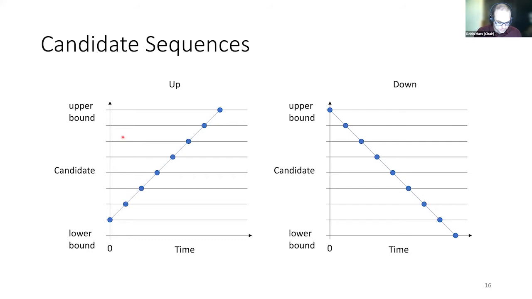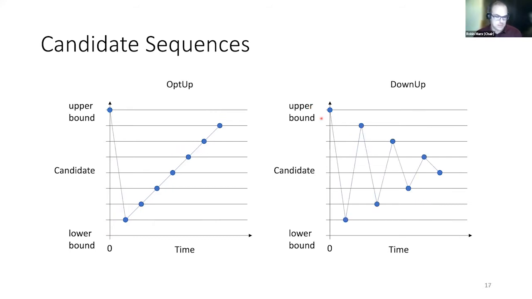The first candidate sequence is the upward sequence, which uses a list of candidates in ascending order and selects one candidate after the other. We start with the second lowest candidate because we expect the lowest candidate to have been probed during connection path validation. Then we consider a downward sequence that also uses a list of candidates, but in descending order.